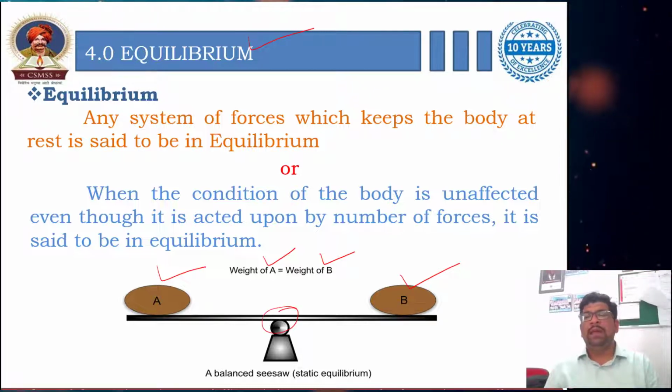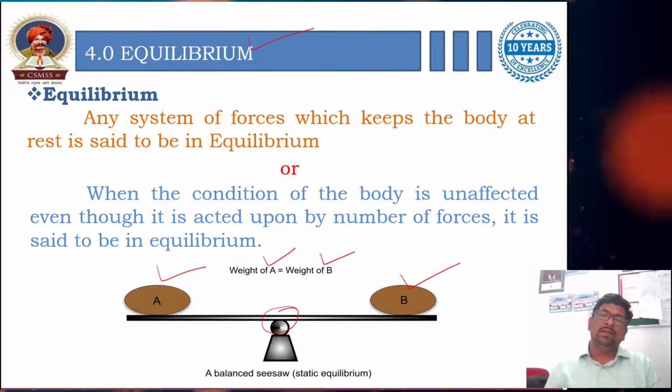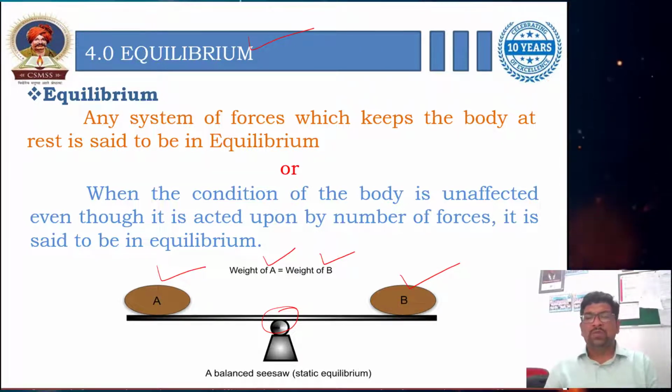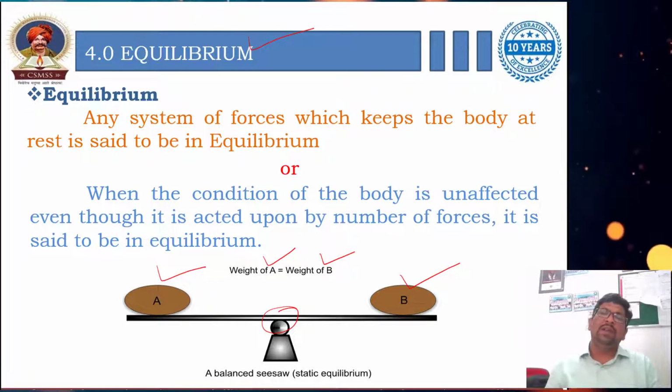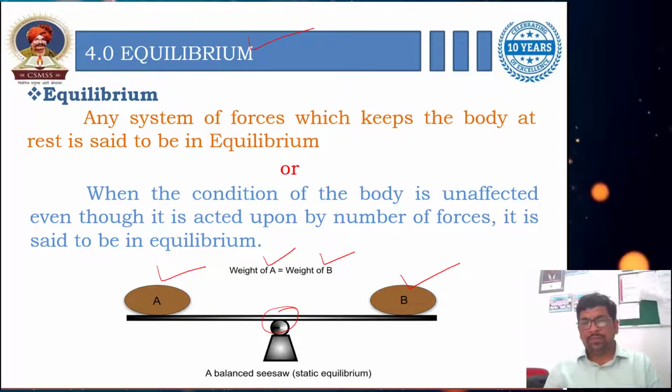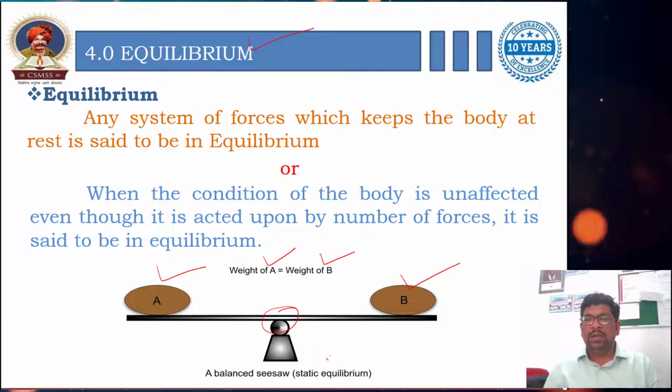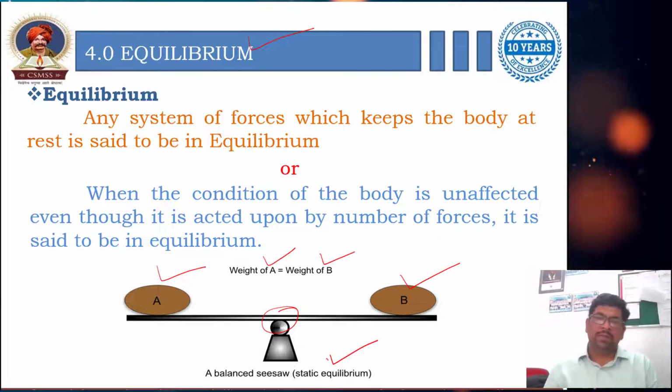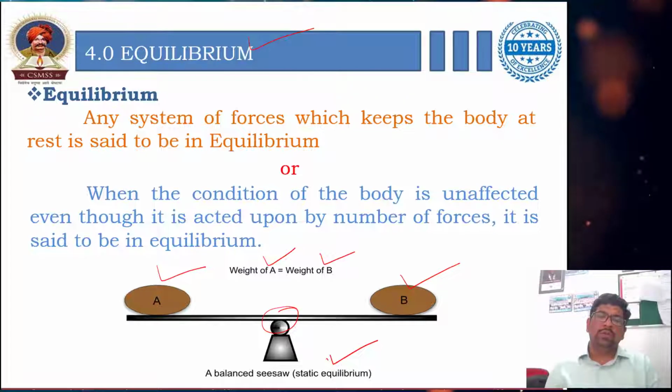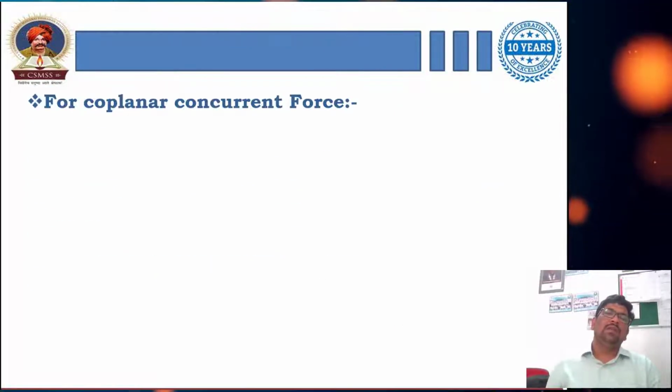You can see that nowhere is it going upward or downward. So this is balanced, and the condition where your particular body is balanced is called equilibrium. This should be kept in mind. Okay, so this was the definition.